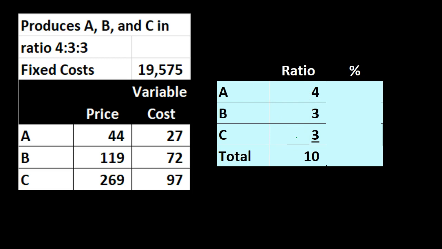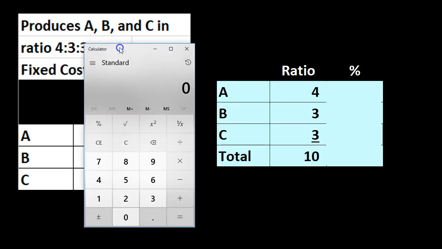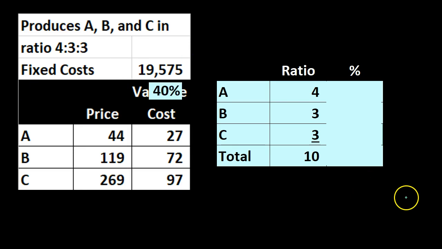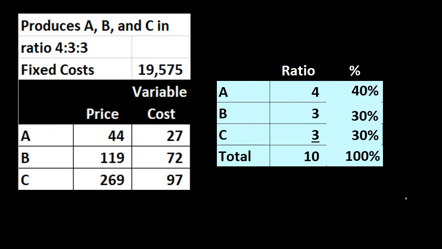The ratio analysis is just going to be the summing of these items up to 10. 4, 3, 3 add up to 10, and then take each item, 4 over the total of 10, 4 or 0.4, which is 40%. And if we did that to the 3 divided by 10, we would get 0.3 or 30%. In other words, we get 40, 30, 30. That adds up to 100. That's why it's going to be the ratio. This is a format of us breaking this information out into a ratio. Why don't we just say 40, 30, 30?